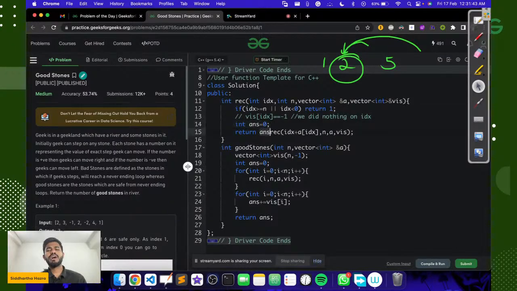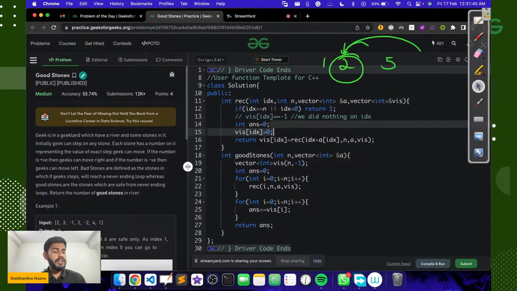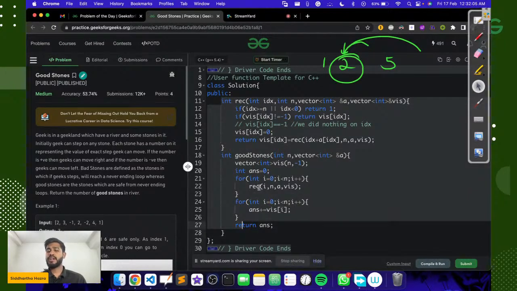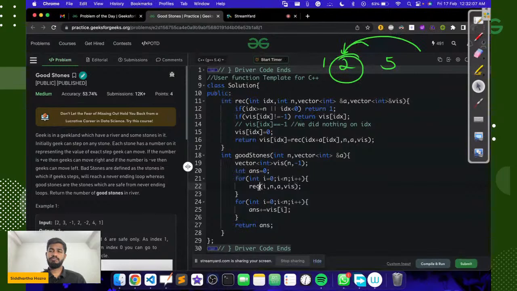But this can't be solved fully by recursion. Recursion would definitely give you a segmentation error, because we need a visited array kind of thing even if you solve this using recursion. That is why, to give you a flavor of this using recursion, I used the visited array so that you would have a proper understanding. But in every implementation you would find the name of the visited array as dp itself, like you see in the daily problem.